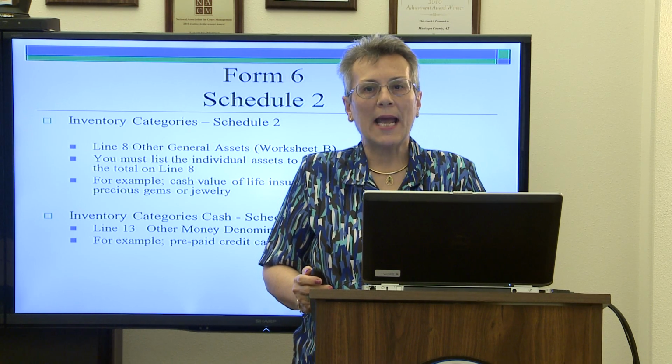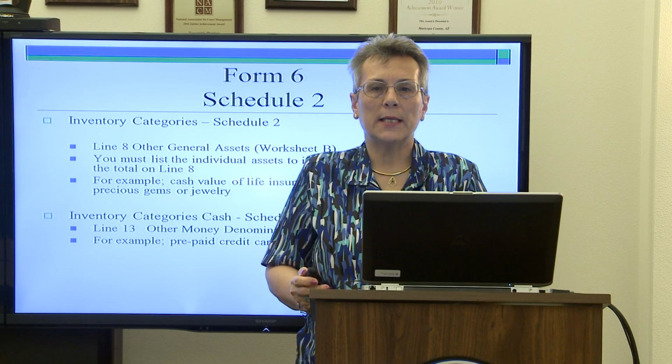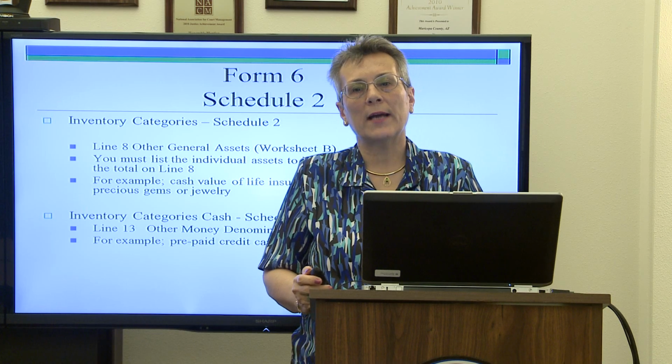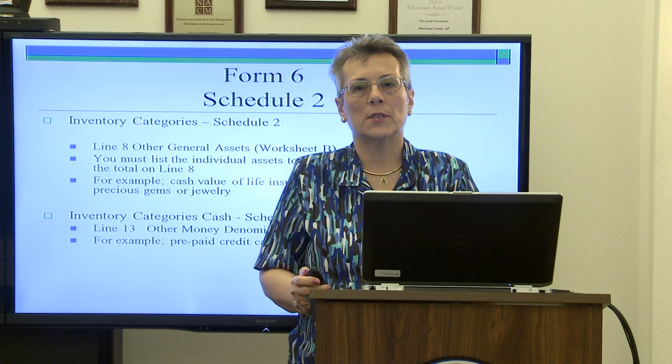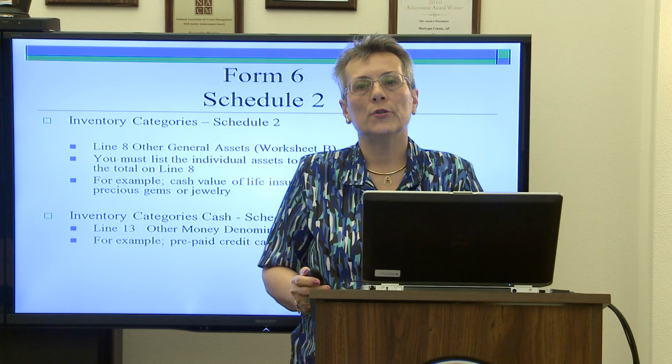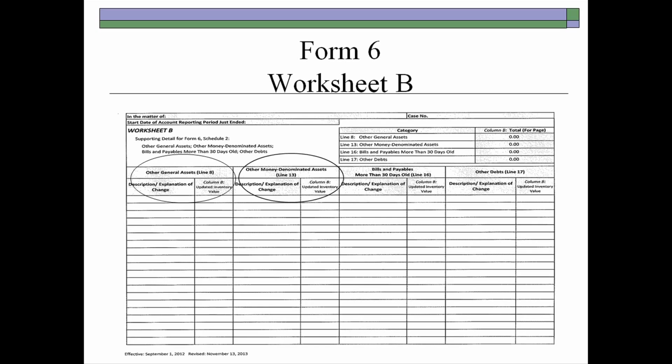Whether it's a general asset or an other money-denominated asset, you need to provide the details of those amounts that you report on Schedule 2 using Worksheet B. And here are the areas on Worksheet B where you will report those types of assets. The first columns are for other general assets on line 8, and the second set of columns is for the other money-denominated assets reported on line 13.